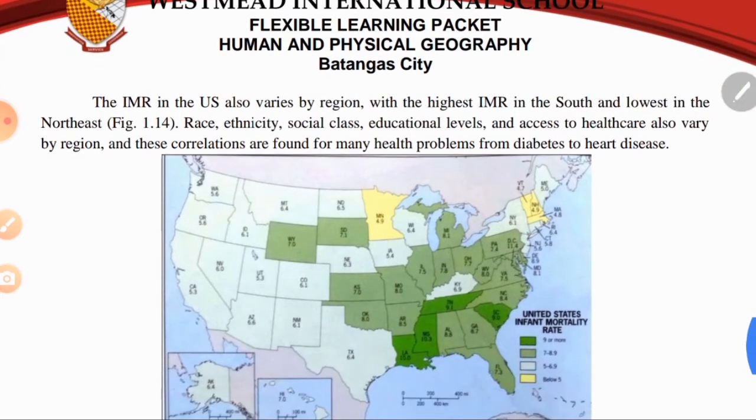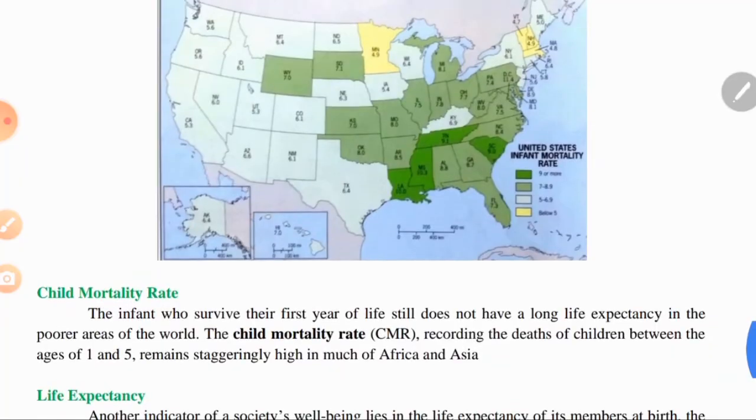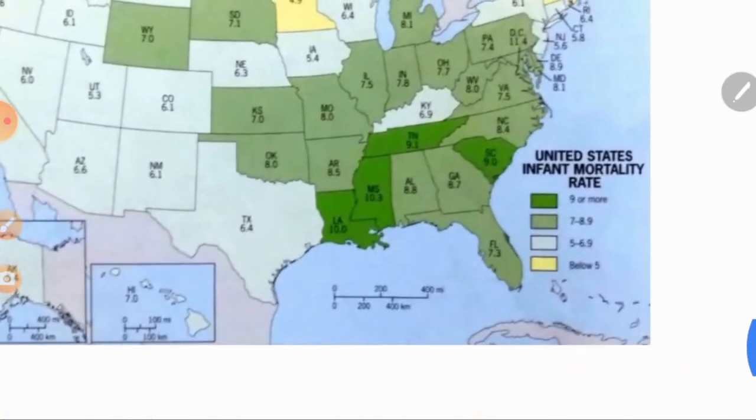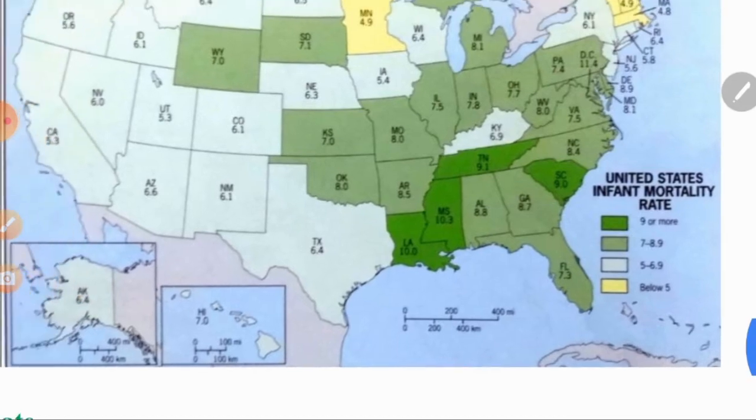The race, ethnicity, social class, educational levels, and access to healthcare also vary by region. And these correlations are found for many health problems from diabetes to heart disease. And as you can see, kung aling part sa US yung may pinakamataas na infant mortality rate.